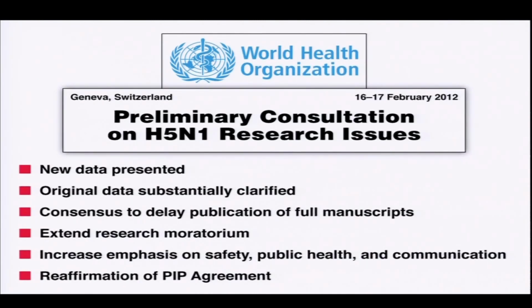From there came open discussion. Many of you remember the meeting in Geneva in February of 2012, where importantly new data were presented, and even more importantly original data was substantially clarified, which led that group, which was predominantly influenza people, to a consensus to delay publication, but ultimately to publish them after there had been some more emphasis and discussion of safety, public health, and communication issues.